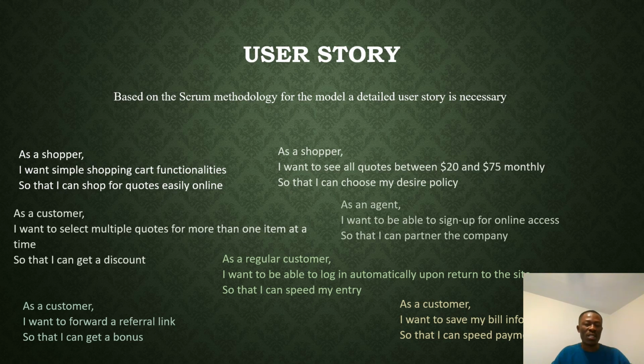The listed 6 user stories are for the functionalities of the model, where one example is, as a shopper, I want simple shopping cart functionality so that I can shop for quotes easily online.